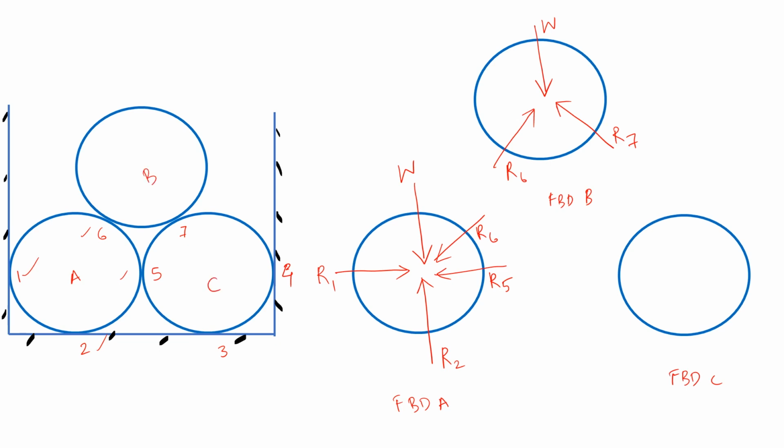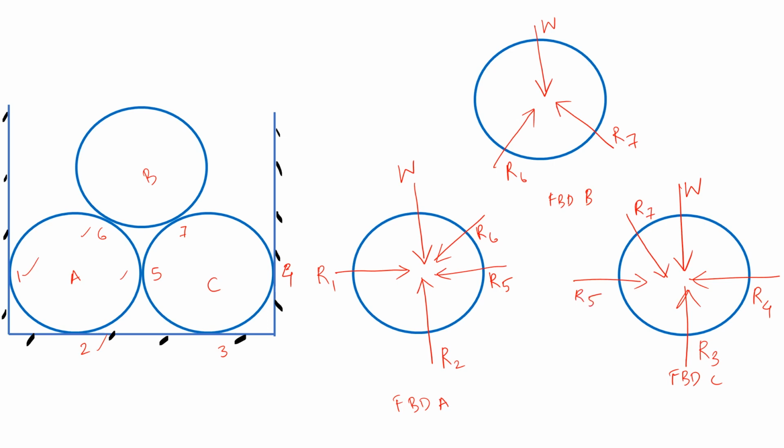Here for this C, first of all, as usual, we mark the weight of the body, then there will be a reaction from the 3rd point R3, a reaction from the 4th point R4, a reaction from the 7th point R7 like this, and a reaction R5 from here.